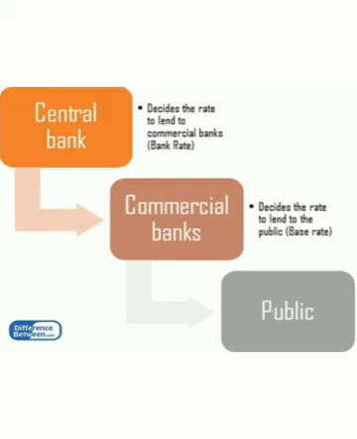Whenever money is required by the public, commercial banks provide it, and whenever commercial banks require a loan, the central bank gives it. So the central bank and commercial banks are linked with the bank rate, while commercial banks and the public are related with the rate of interest.